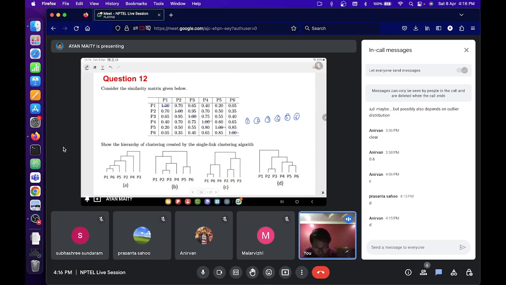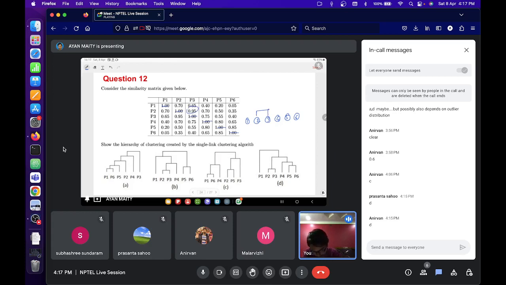Except the diagonal, the highest value is 0.85, between 5 and 6. But we actually have a 0.95, between 2 and 3. So these 2 points should be merged first.